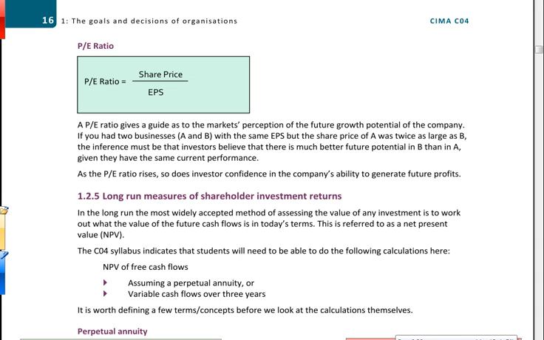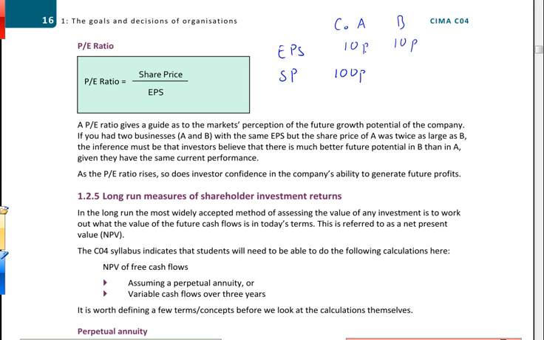So as an example, let's say we have company A and company B, and we have an earnings per share of, let's say, for company A 10p, company B 10p, and then we've got a share price of company A of 100p.